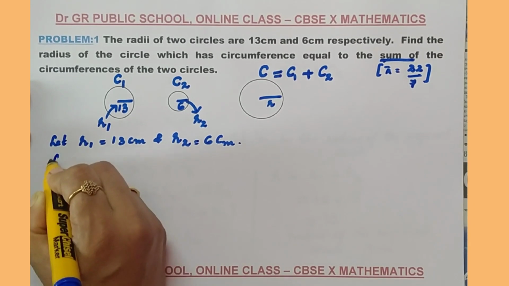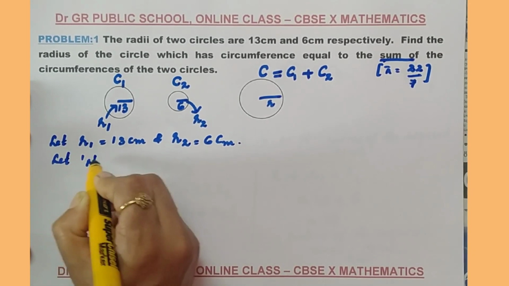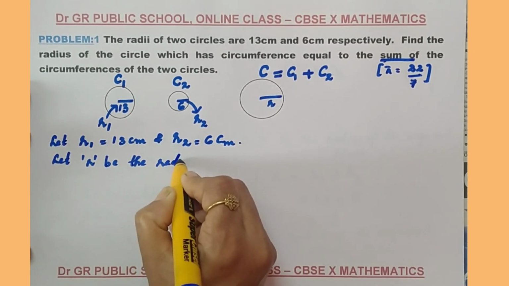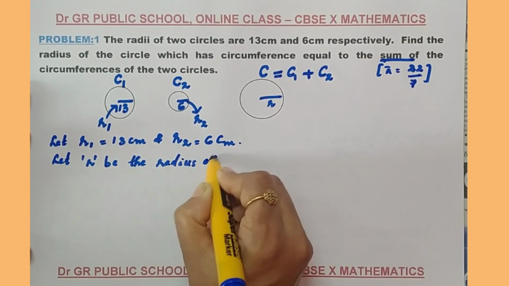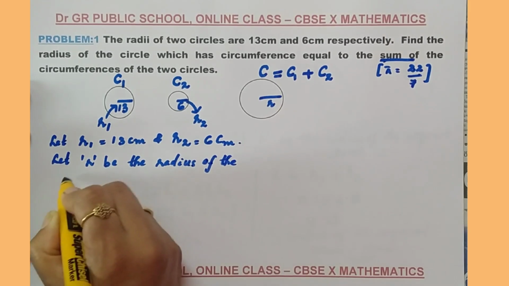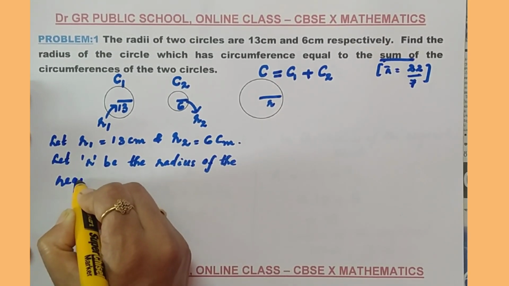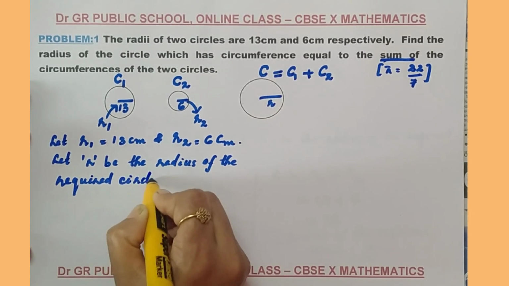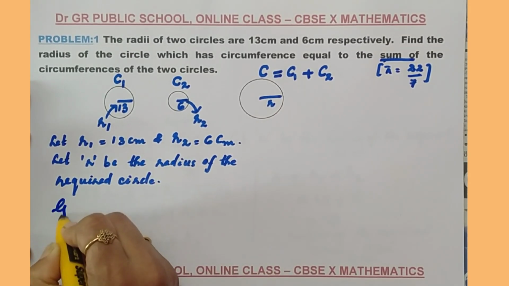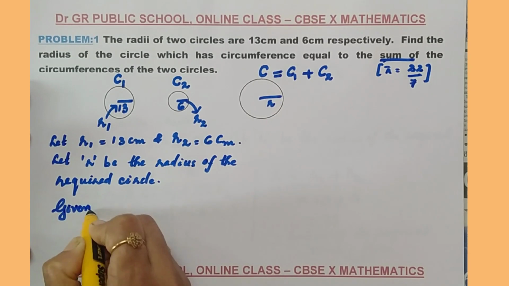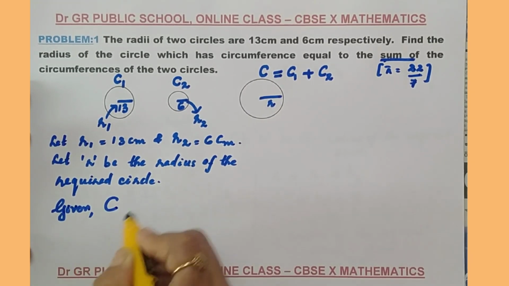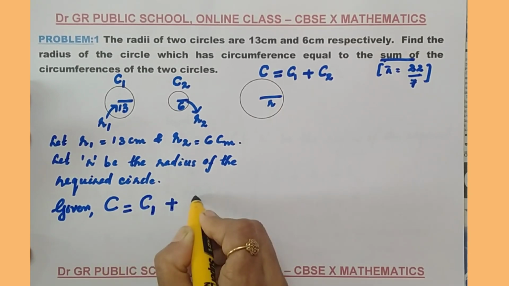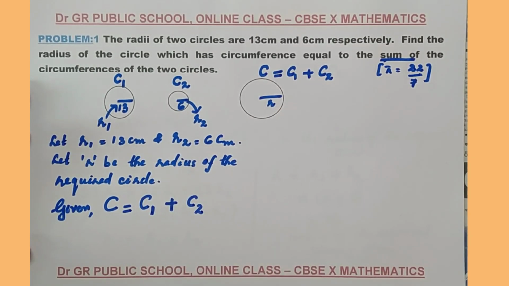Let R be the radius of the required circle. What is given for you? The circumference of the required circle equals the sum of the circumferences of the two circles.